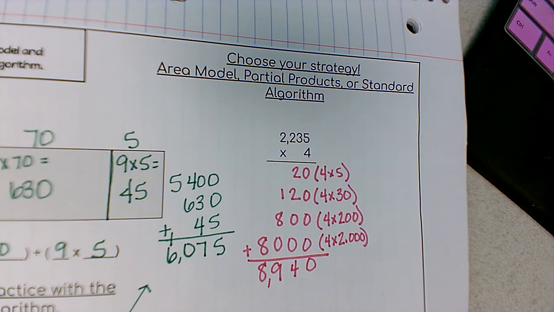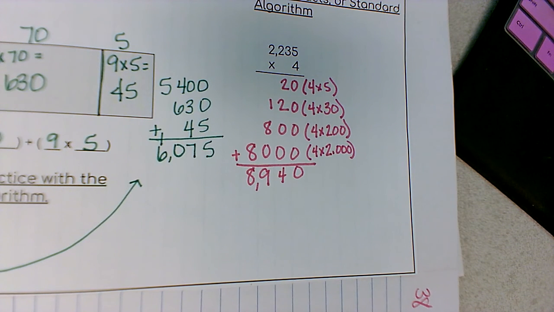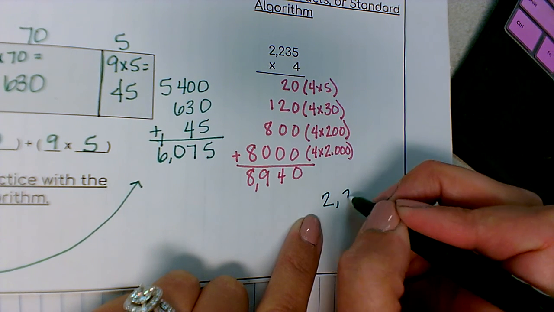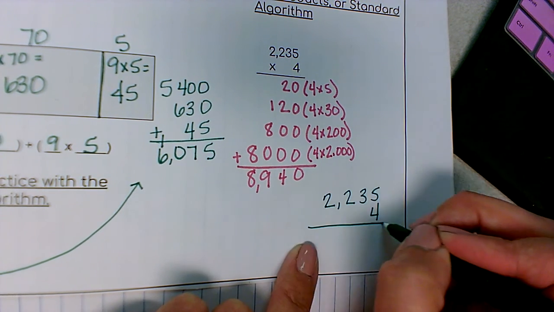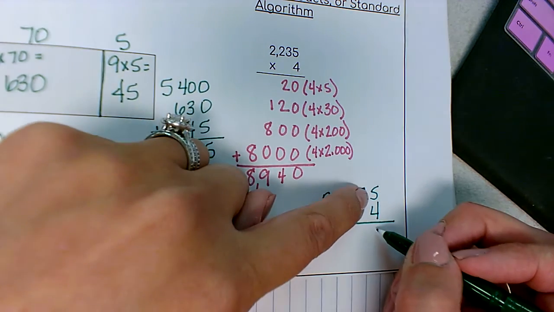Now, fourth graders, if I want to be sure that I did that correctly, I'm going to choose another strategy. I'm going to practice the standard algorithm because I know that's new and I need some work on that. So I'm going to rewrite my problem. 2,235 times 4. 4 times 5 is 20.